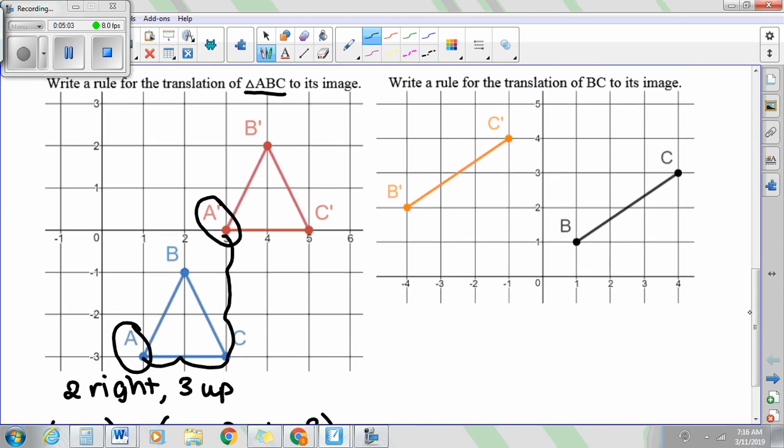So here again, I have the exact same idea. Write a rule for the translation of BC to its image. Take a second to try that one on your own. Now here I see B, and here I see B prime, or the image of B. So if I count this, 1, 2, 3, 4, 5 to the left, and 1 up.